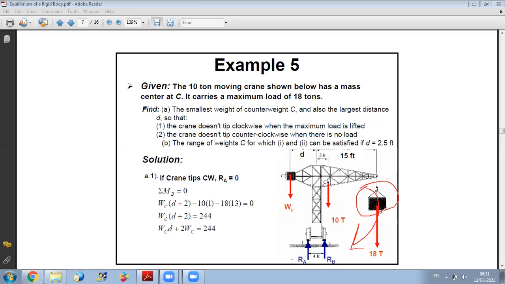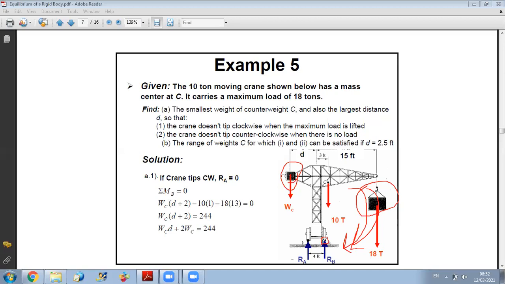Because of course the maximum load you can sustain will be higher than the counterweight, and in presence of this load, you will have a possibility to turn your structure like this. So you will have a possibility to lose contact with A and then rotate about B. Okay, so these two cases should be avoided.